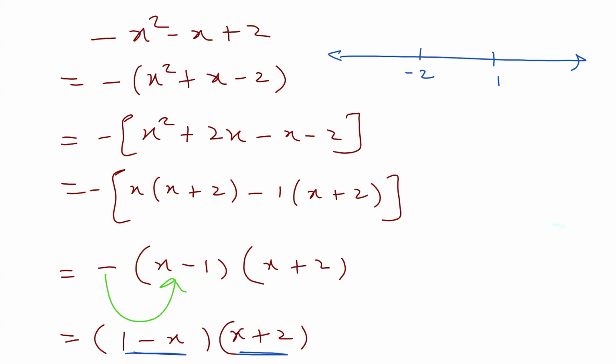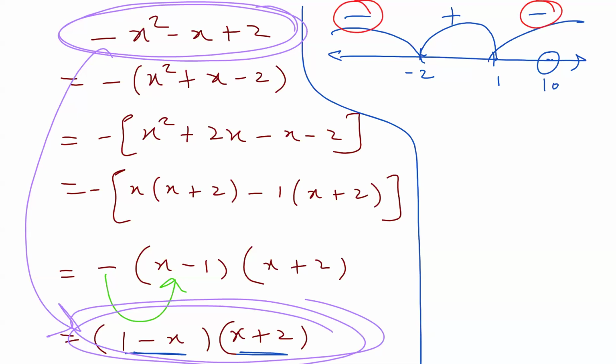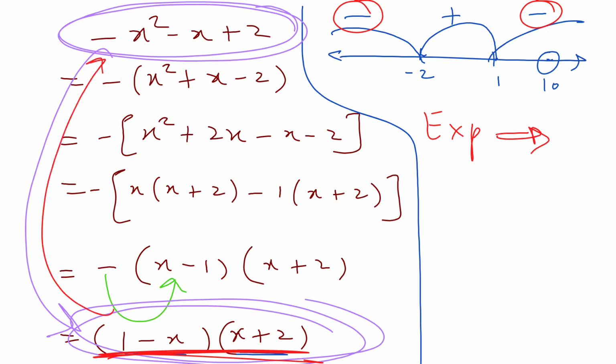Now I'll just keep that diagram, the number line, in front of you. Negative. So this expression is negative when x belongs to minus infinity comma minus 2 union 1 to infinity.